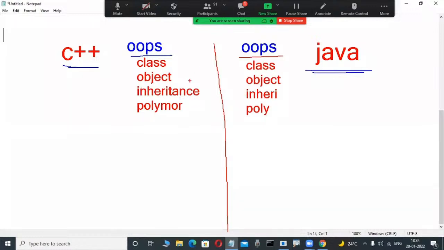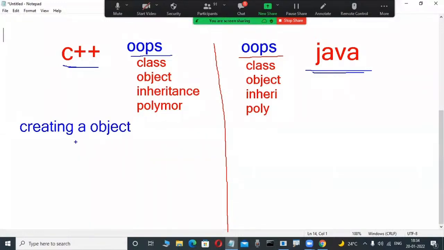C++ and Java conceptually have class, object, inheritance, polymorphism, encapsulation, binding and so on. But observe here. Suppose in C++ I want to create an object from a class. Can any technical person tell me the syntax?